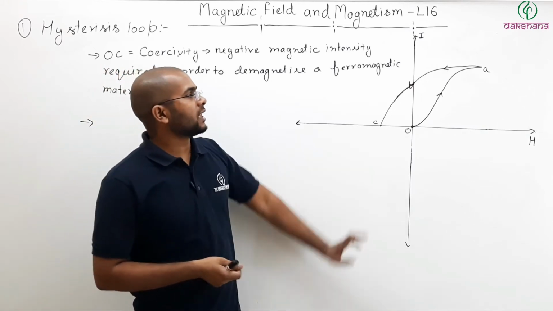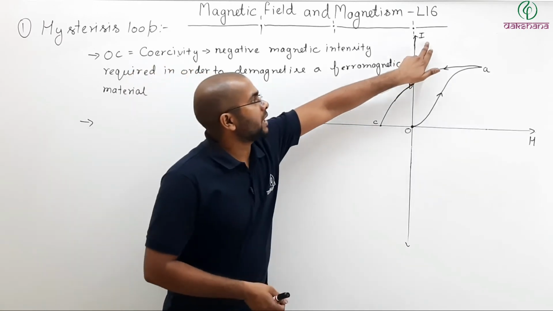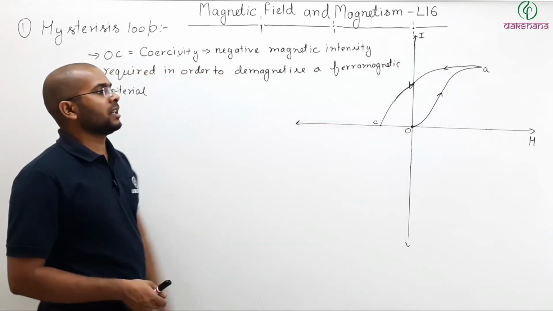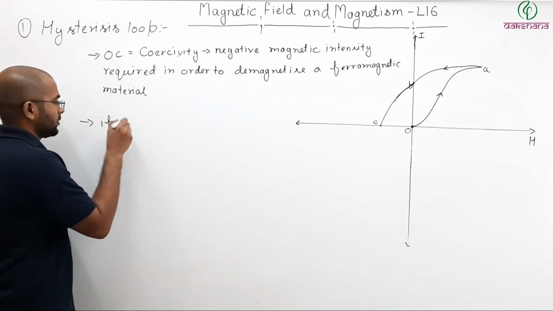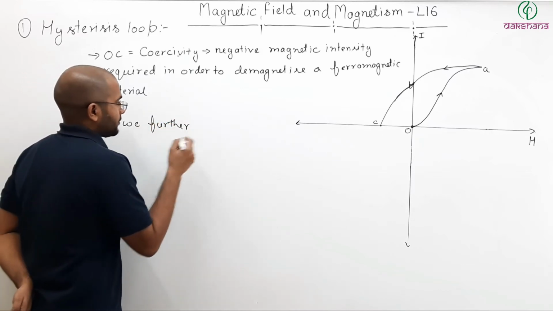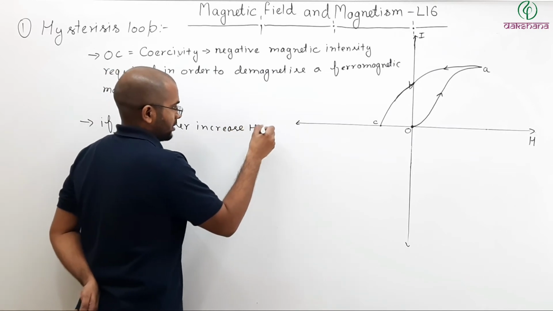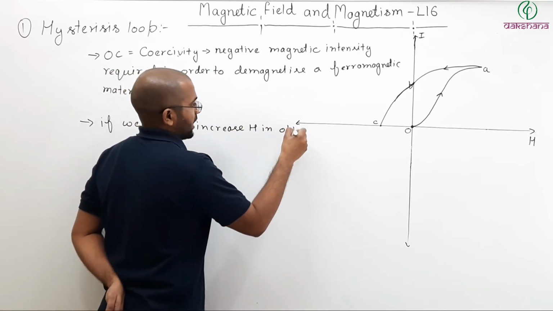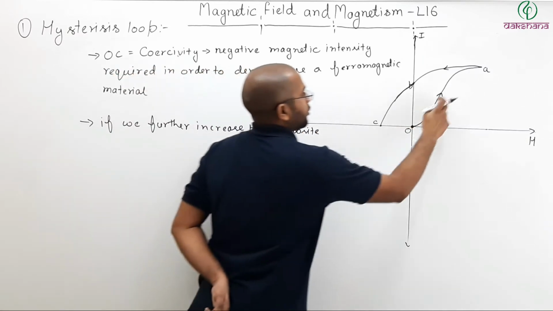If I further increase magnetic intensity in the opposite direction, then your material is magnetized in the opposite direction. Opposite to the original value, this is the original direction.